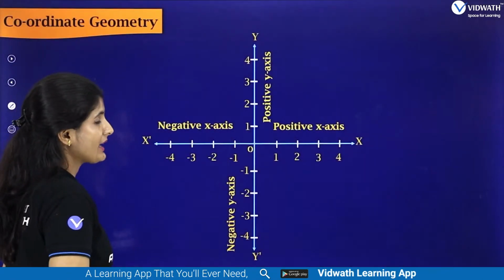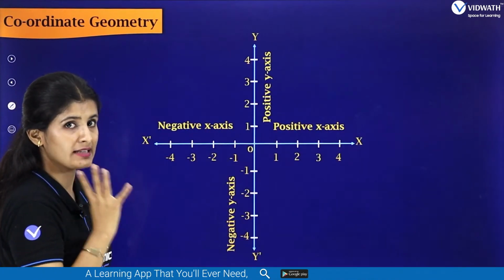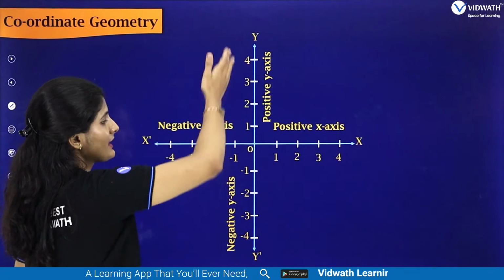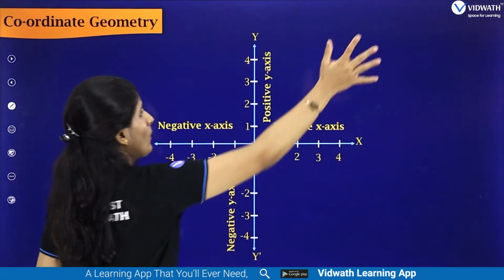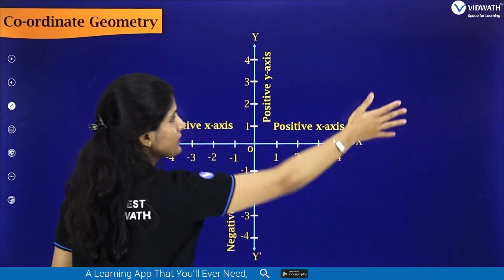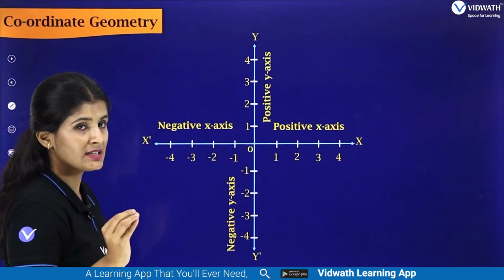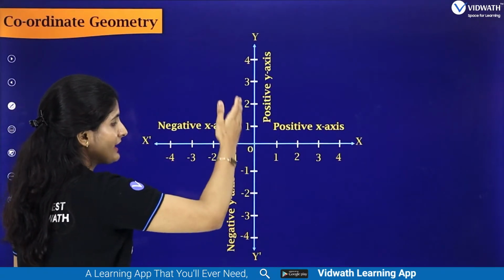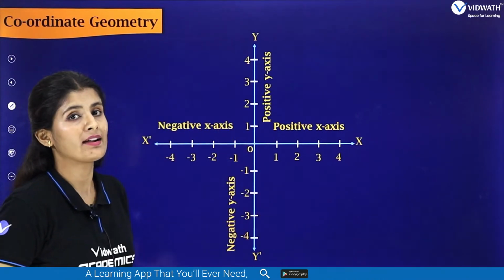Hence, we get a partition of this plane into 4 parts, that is, the x-axis and the y-axis divide the plane into 4 parts. So there are 4 parts that are divided. These 4 parts that the coordinate axes divide the plane into are called quadrants.